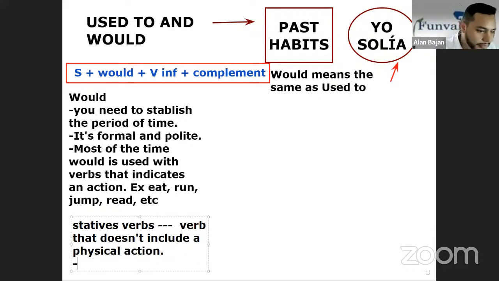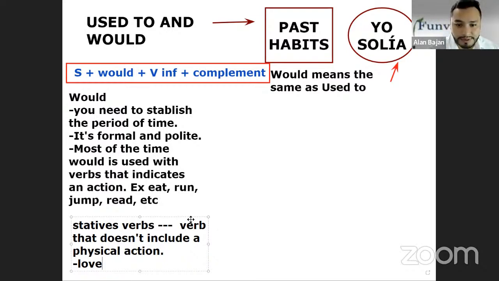For example, love. ¿Alguien me puede explicar cómo físicamente expresamos el amor? Oh, teacher, hay muchas maneras. No, no, no. Love, es an stative verb. No podemos explicar o tener una acción específica para hacerlo, como a comer. ¿Vamos bien ahí? So love is an stative verb. It doesn't include a physical action.